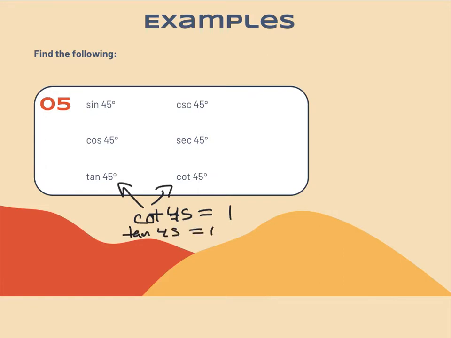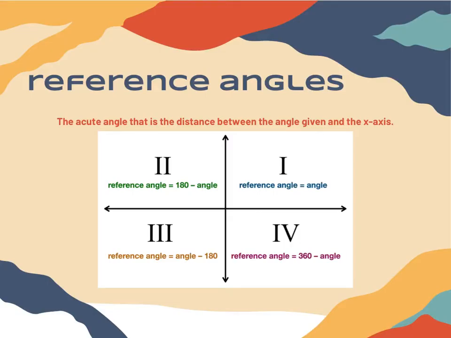Because when we get to the last part of the notes today, if I give you a question and I say, find the value of theta when tangent of theta equals 1, if you've memorized this, you know your reference angle is 45, and then you also just have to find the additional second angle. But we're going to see that coming up. We're going to use the fact that's on this slide when we're looking for reference angles.